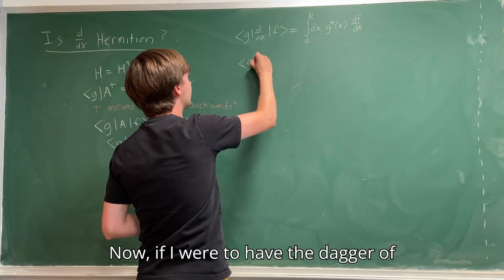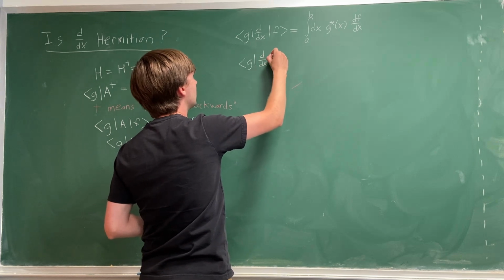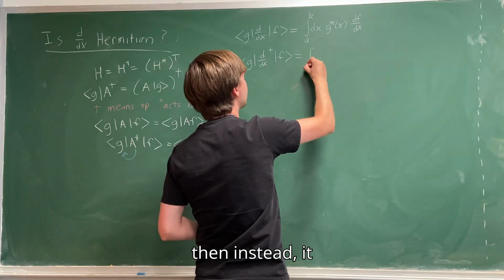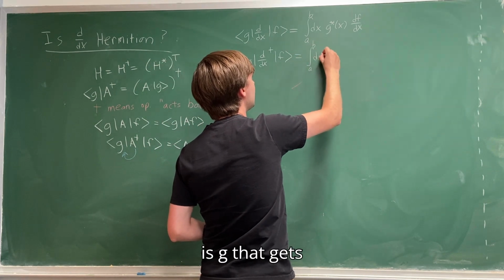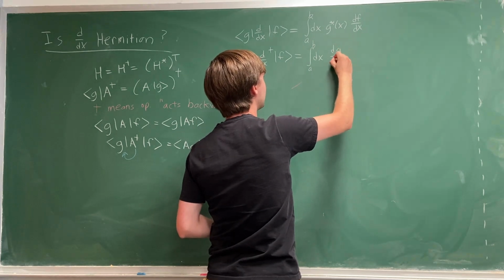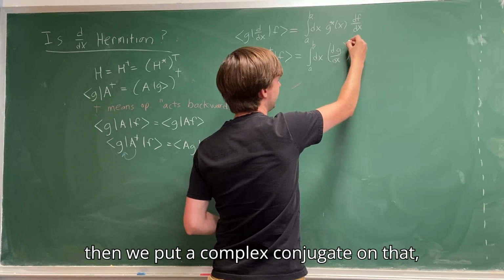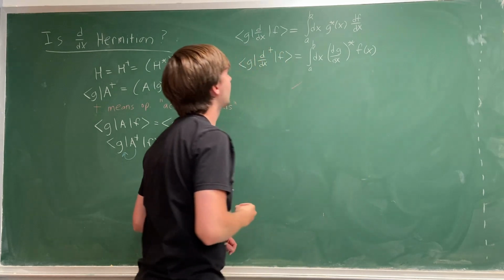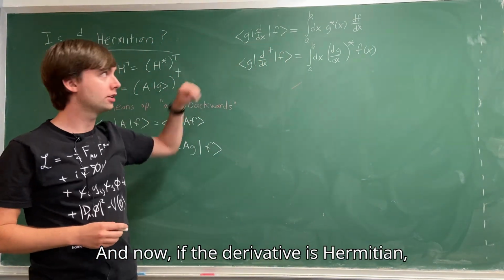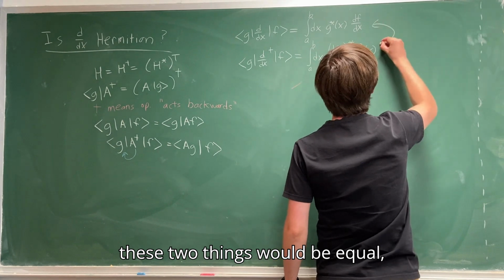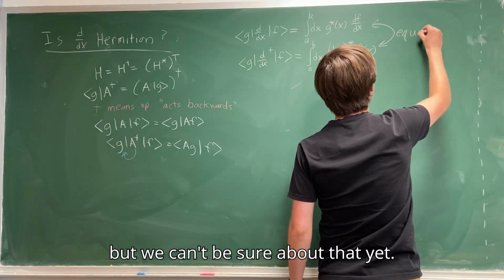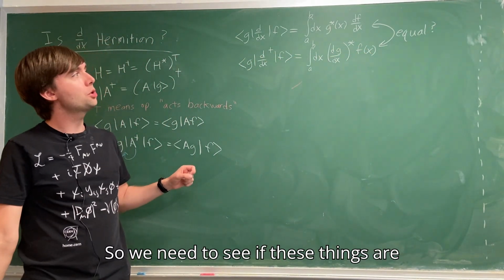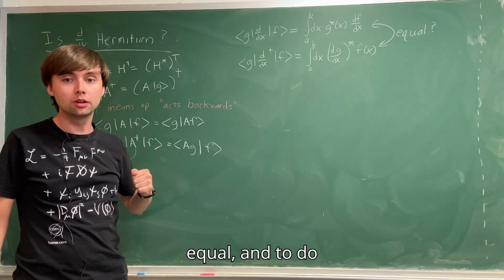Now, if I were to have the dagger of this, then instead it is G that gets differentiated, and then we put a complex conjugate on that, not F. And now, if the derivative is Hermitian, these two things would be equal, but we can't be sure about that yet. So we need to see if these things are equal.